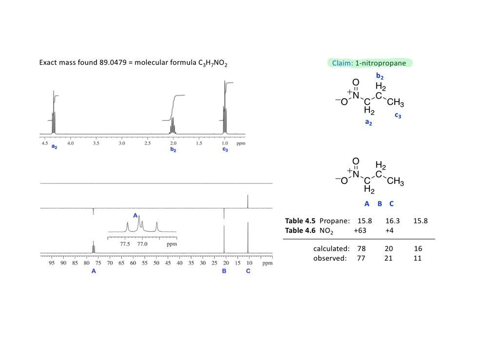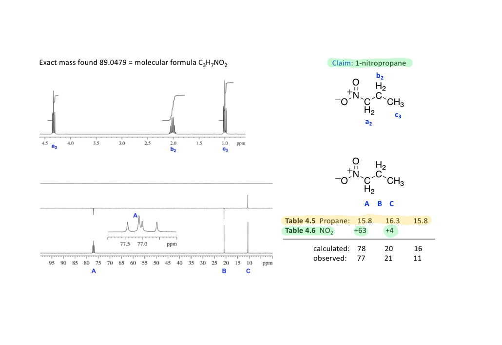Beginning with the data from table 4.5, using propane as the base, these are the values for the methyl, the methylene, and the methyl group of propane, and then provide an adjustment from table 4.6 for the nitro group at the alpha position and at the beta position.